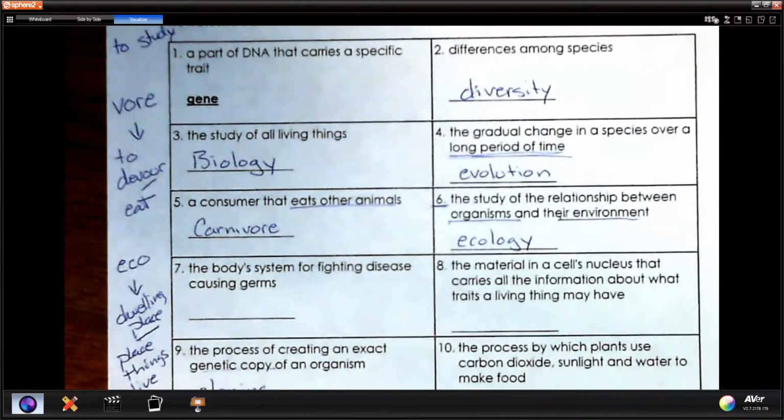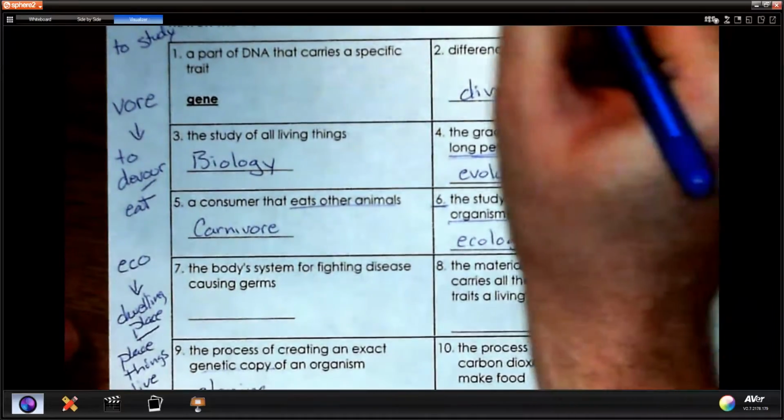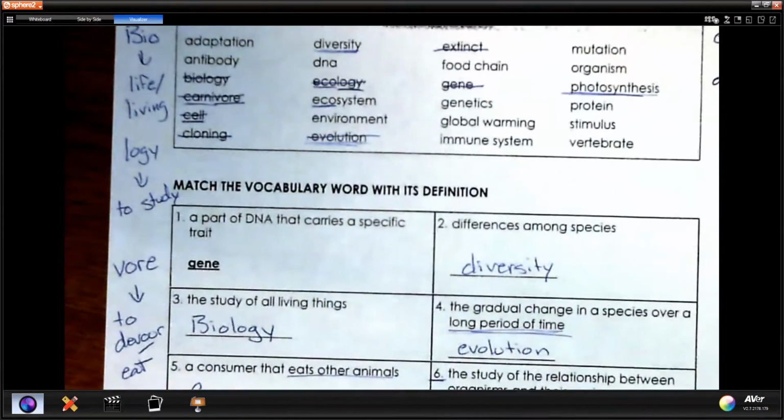All right. So how about, has anyone ever heard of that term, photosynthesis?